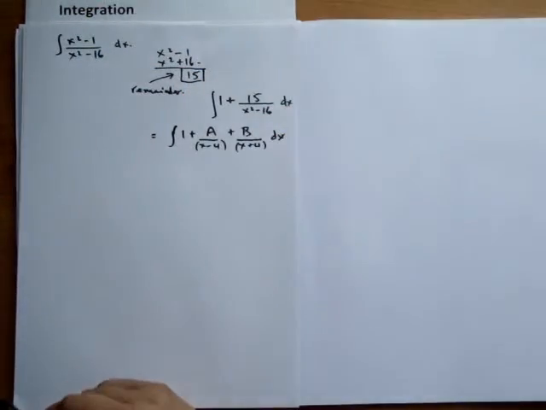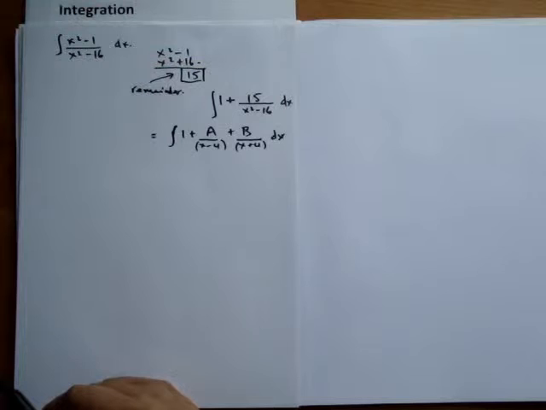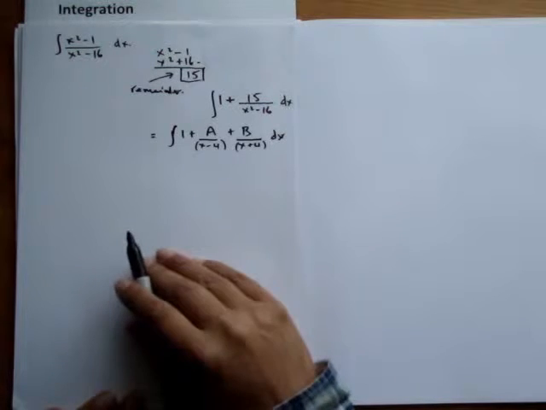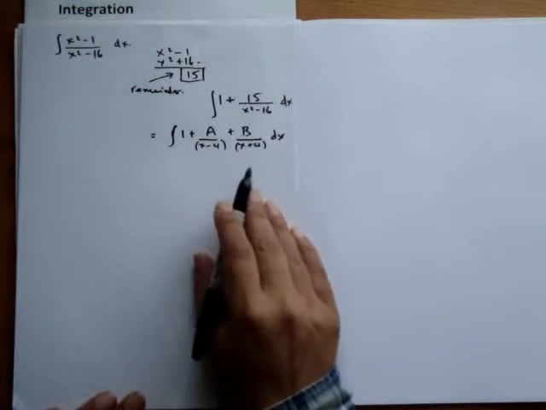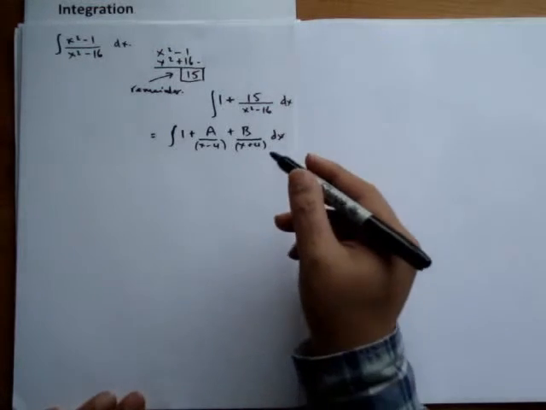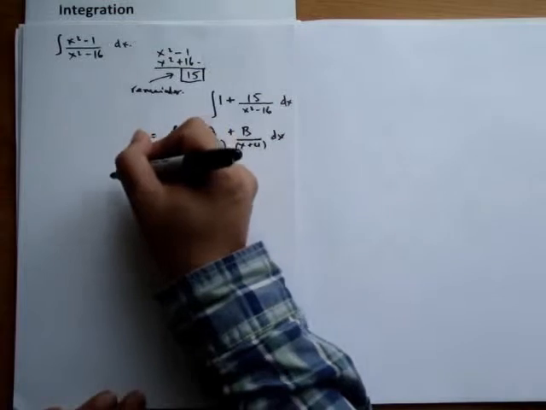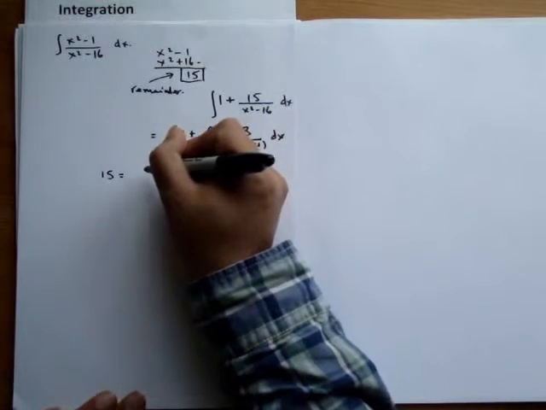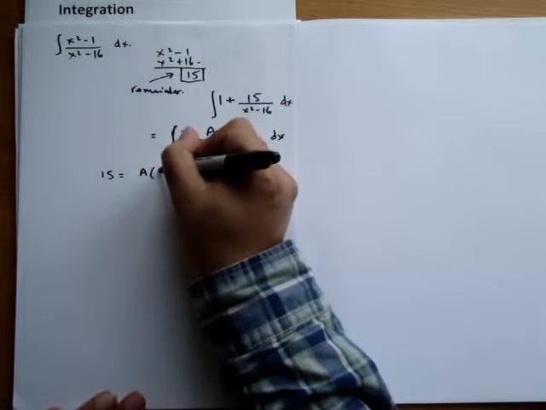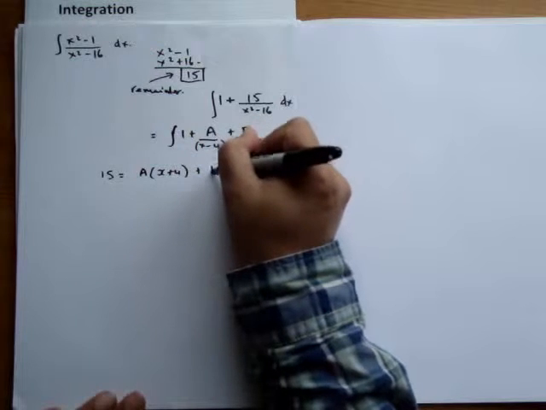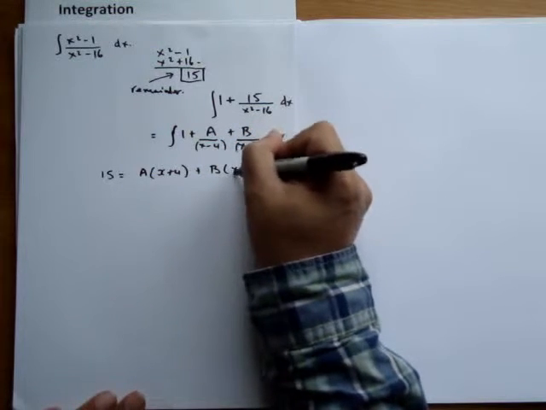Once we've done that, we can get a common denominator, add the fractions, and then equate the numerators, and what we get is that the numerator is now 15, so 15 equals a(x plus 4) plus b(x minus 4).